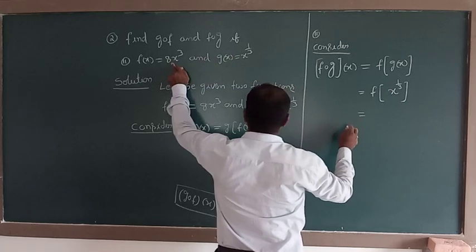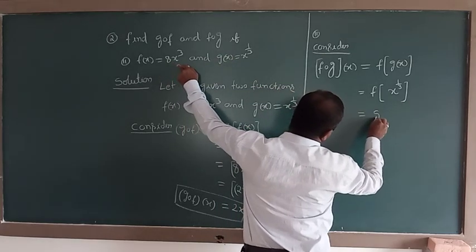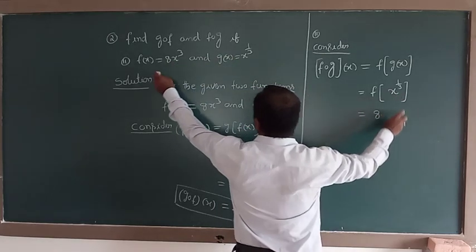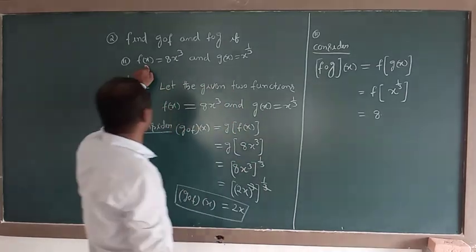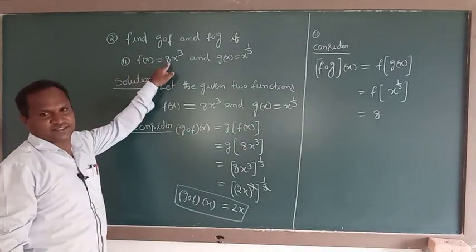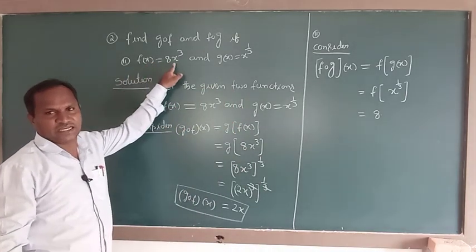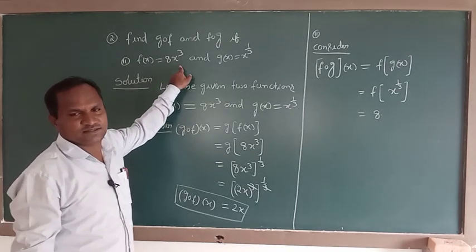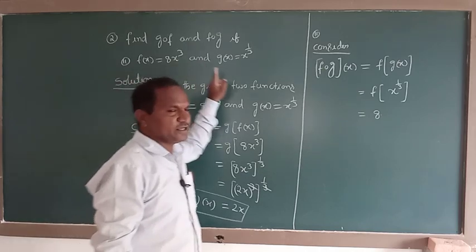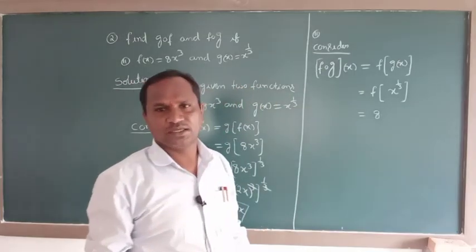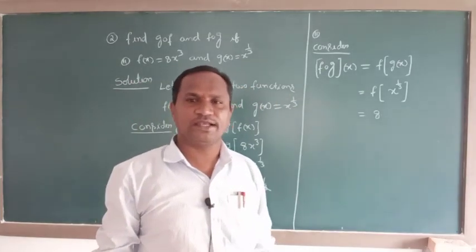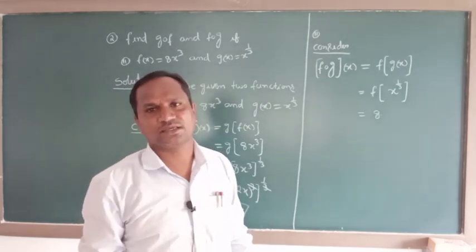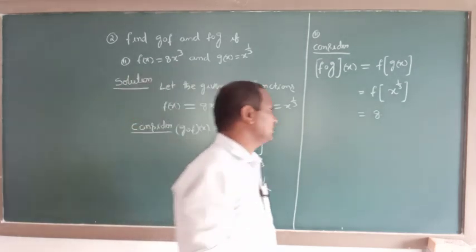What is f of x? 8x cube. In the variable place, if you observe, f of x equal to 8x cube, f of y is equal to 8y cube, f of z is equal to 8z cube. Similarly, f of x to the power of 1 by 3 becomes 8 into x to the power of 1 by 3 whole cube, which is 8 into x cube whole to the power of 1 by 3.